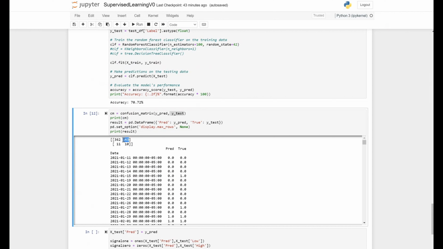So we have this many testing records that the model mistakenly predicted as 0, when their actual label values are 1. And this number represents what the model predicted as 1, but they are actually 0. These are called false positives.